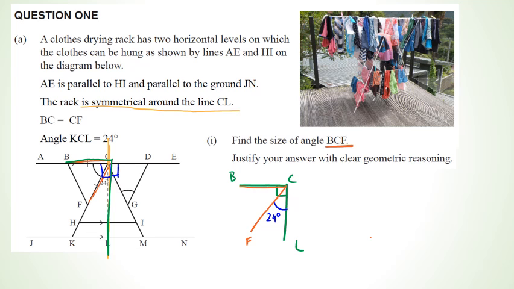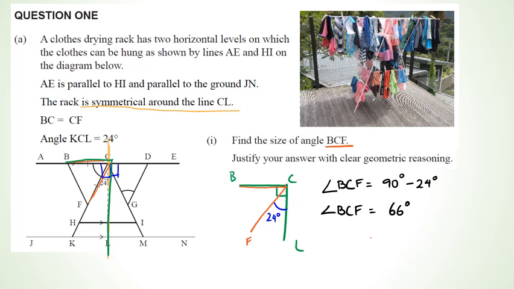So then we can say that angle BCF equals 90 degrees minus 24 degrees, which means angle BCF is equal to 66 degrees.